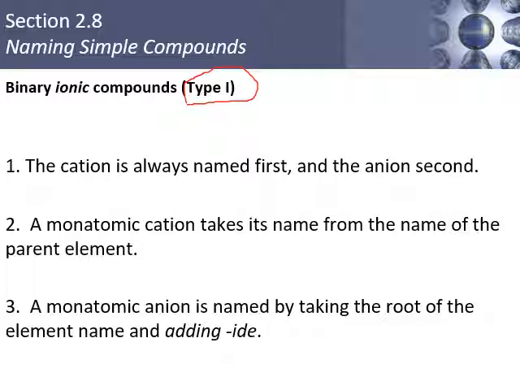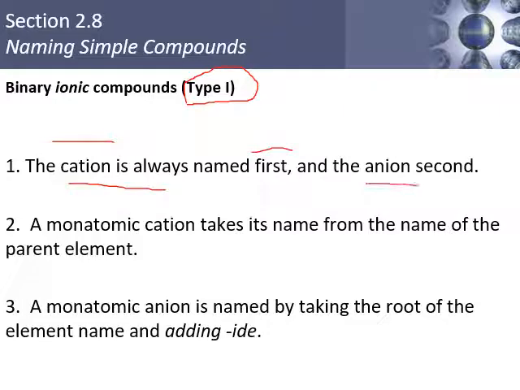So the main rule is that you name the cation first, like for example, in sodium chloride, the sodium would be the cation because it's going to become plus. You just name it and you don't change it. So it's just sodium or calcium or whatever. Then the anion would be basically the same thing.